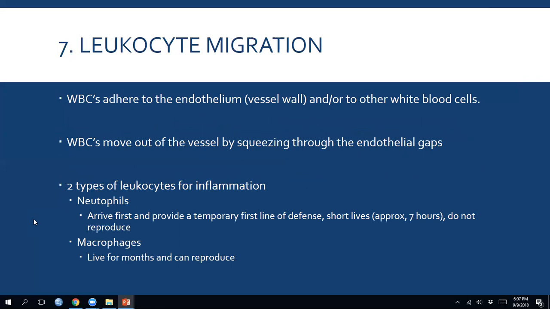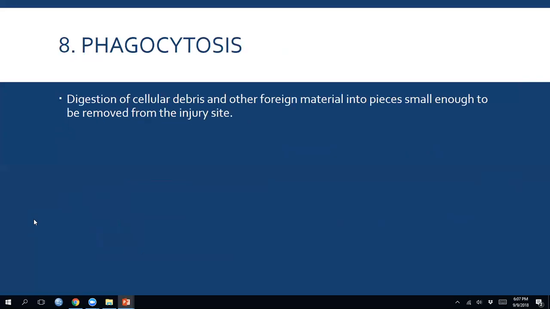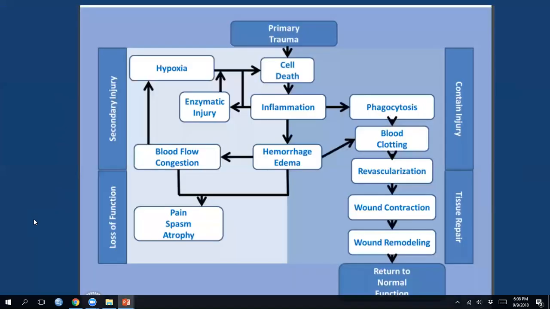The neutrophils immediately come and help, and then it's followed by the macrophages. And then at the very end, that phagocytosis occurs where Pac-Man chomps and eats all of the foreign matter that shouldn't be there anymore out of the way. And this is just a little chart of what we went through to help those people who like to look through more of an algorithm idea.